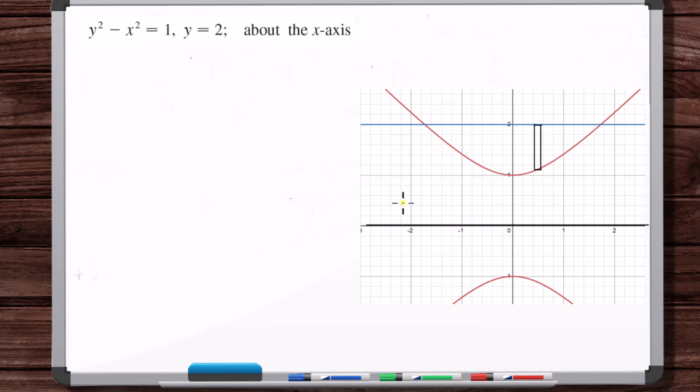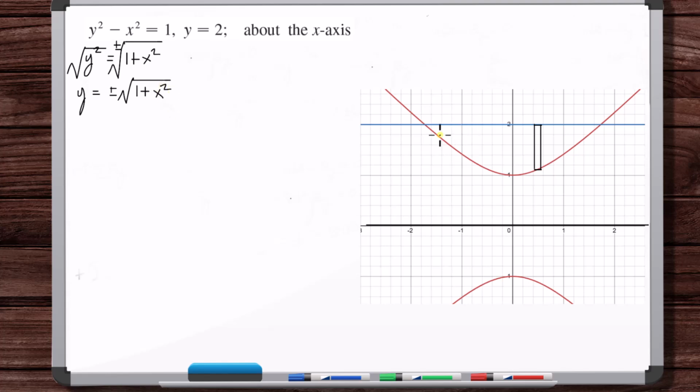So for the limits of integration, all right, y squared is equal to 1 plus x squared. So y is equal to plus or minus square root of 1 plus x squared.